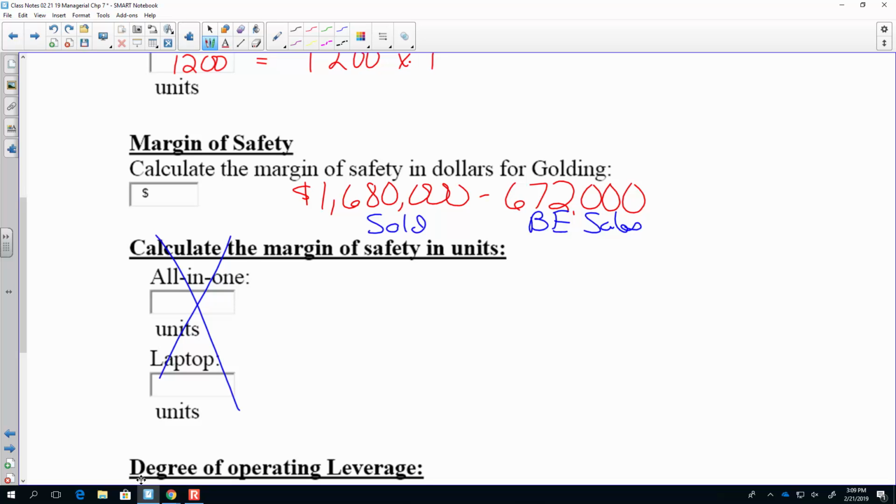So it looks like we have $1 million basically of safety. 1,008,000, right? Yeah. So a huge number. So this company would not be a risky company at all based on that margin of safety.